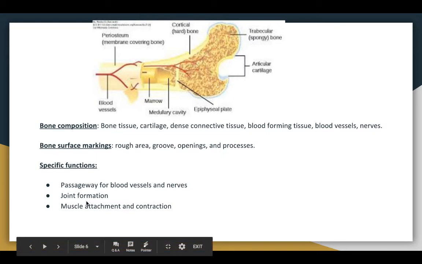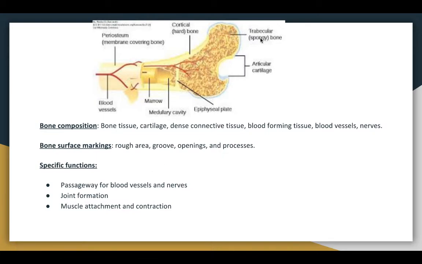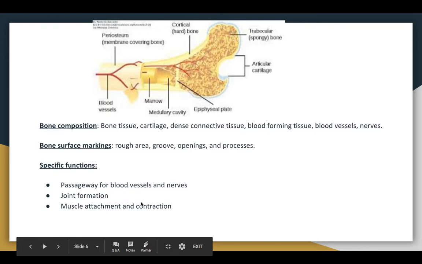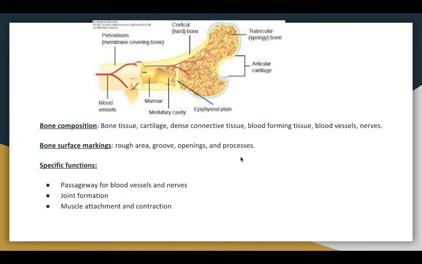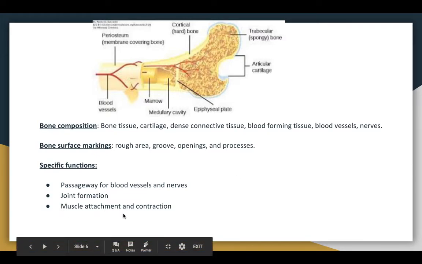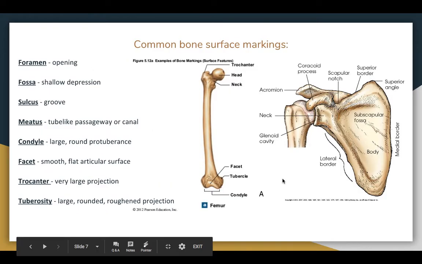Joint formation, like up here, why is this shaped like that? Well, it's because it's going to connect with another bone, and that's a joint. Other functions include muscle attachment and contraction of the bone for movement.